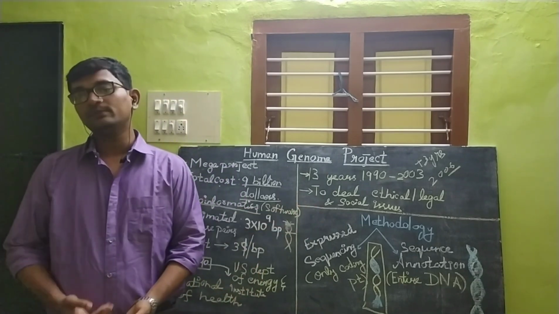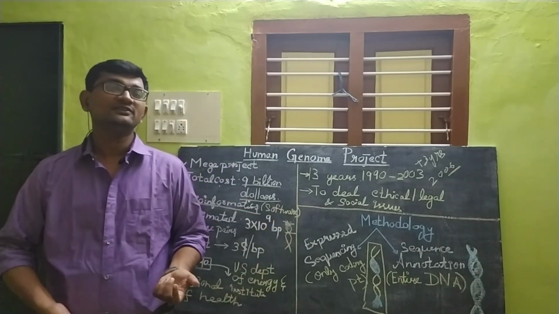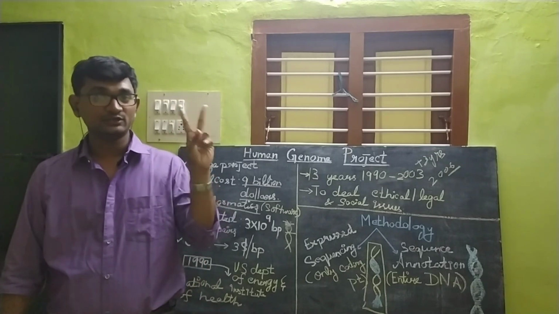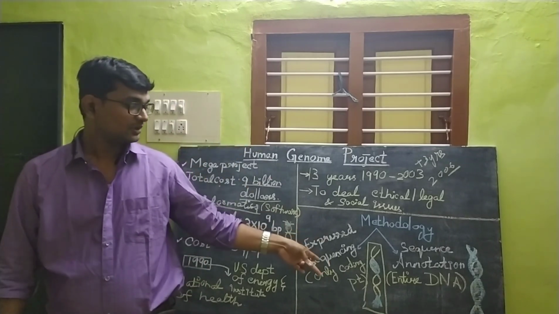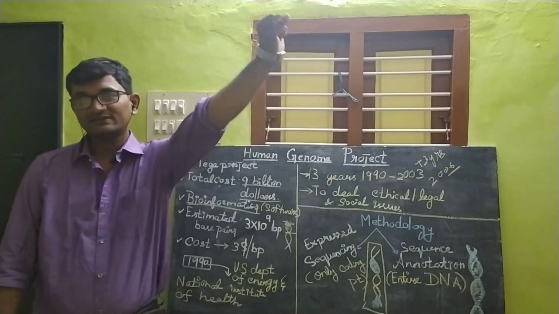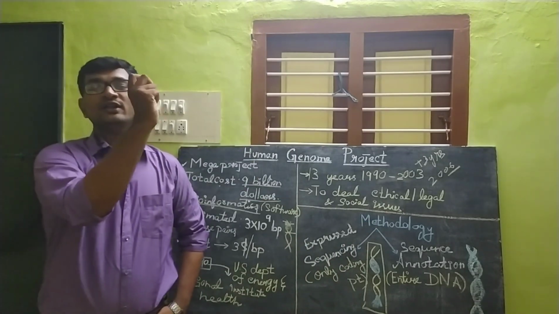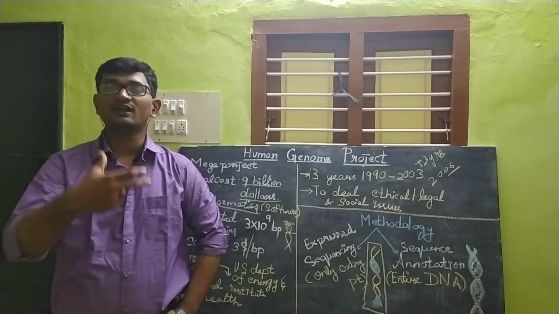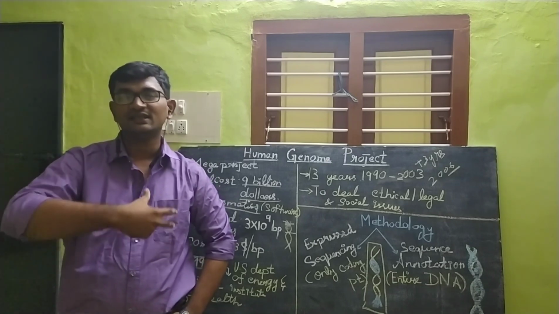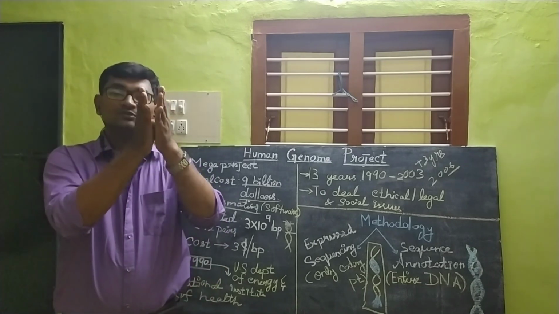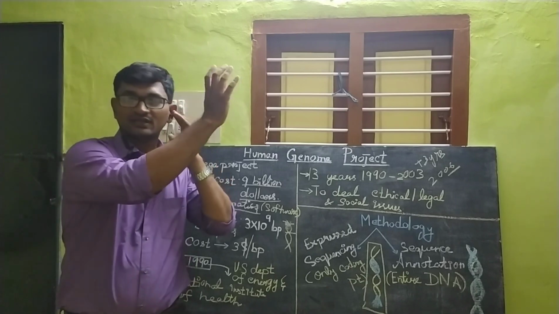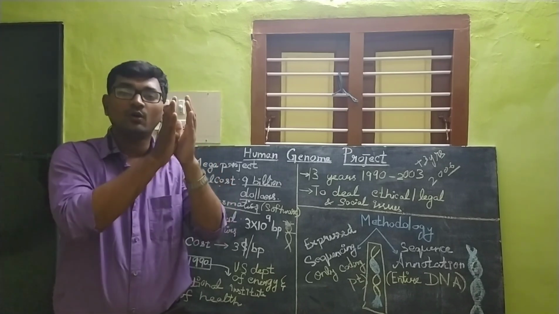What are the different methodologies used in the Human Genome Project? There are basically 2 approaches or methods. One is expressed sequencing, another is sequence annotation. With sequence annotation, you analyze the basic DNA of a human being wholly.